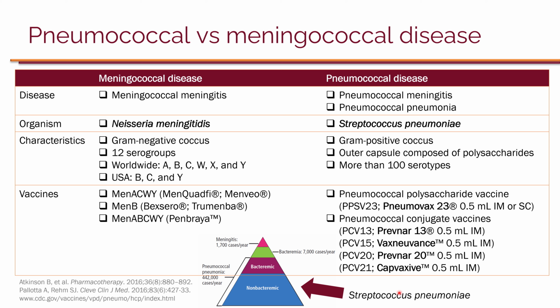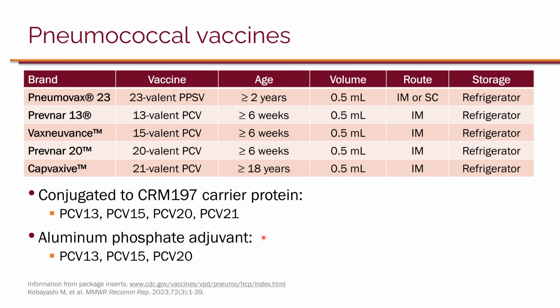In fact, when Streptococcus pneumoniae causes invasive disease, typically pneumonia, which can be non-bacteremic for the most part, some of these can be bacteremic pneumonia. When you have bacteremia, it can make it throughout the body, and when it makes it to the brain, you will have meningitis. These are relatively less common, but certainly more fatal.